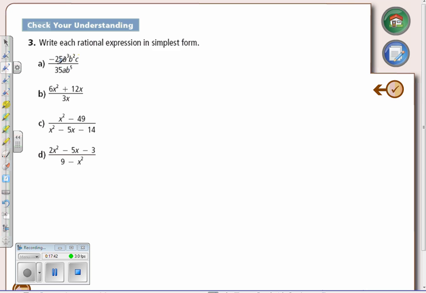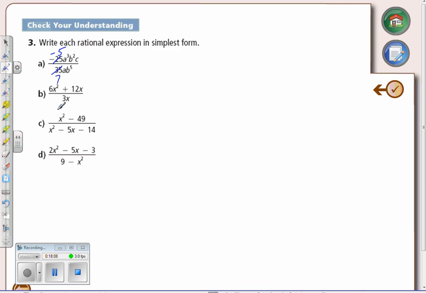I can take 5 out of both of them. So I'm going to divide the numerator by 5, which is going to give me negative 5, and the denominator by 5, which gives me 7. So negative 5 over 7.